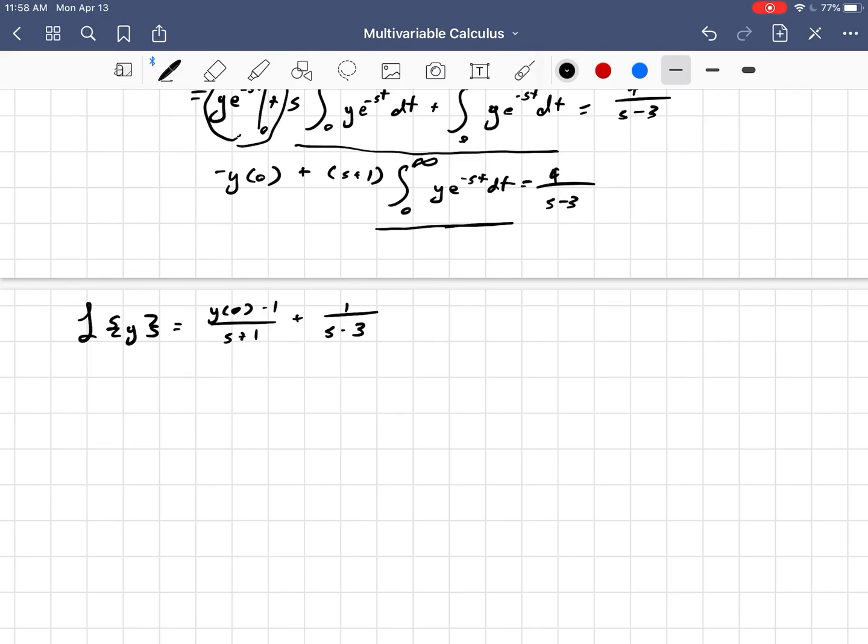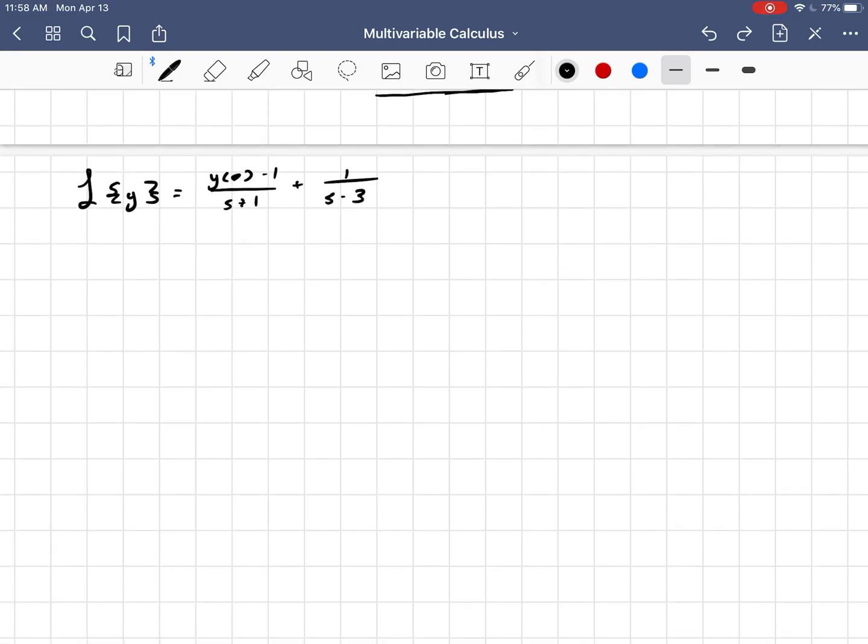And so now we have this relation, and if we want to seek an inverse mapping, in other words, we want to undo the Laplace transform, then we can just get our y, which is the whole point. We want to solve the differential equation.